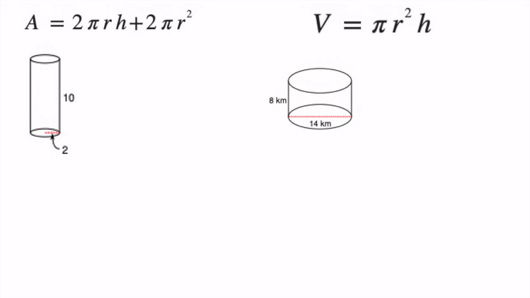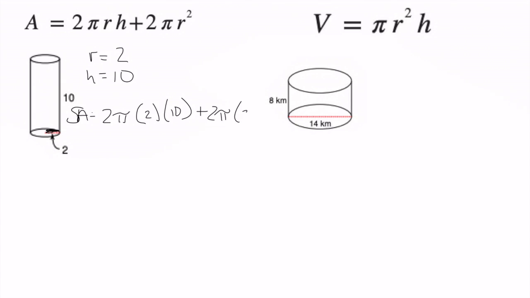Alrighty. So again, we're going to start by identifying our radius and our height in each of these. So our radius is down here, it's 2 with a height of 10. So our surface area equals 2 pi times our radius of 2 times our height of 10 plus 2 pi times our radius of 2 squared.